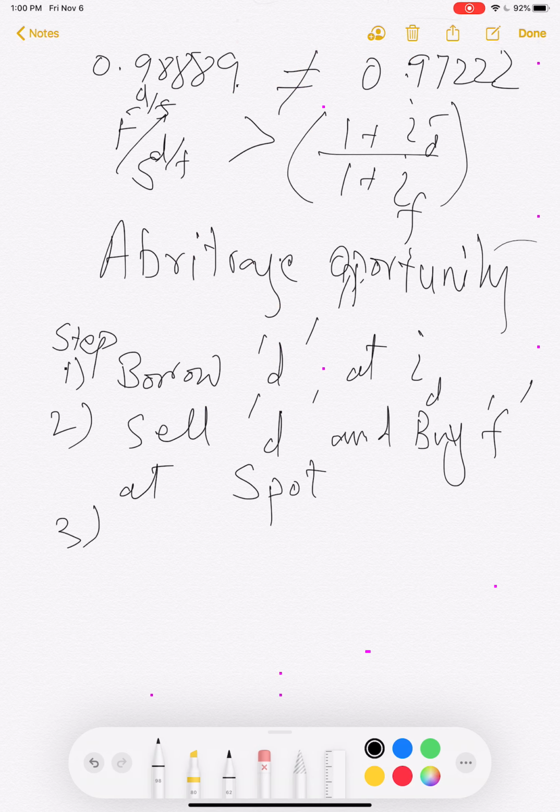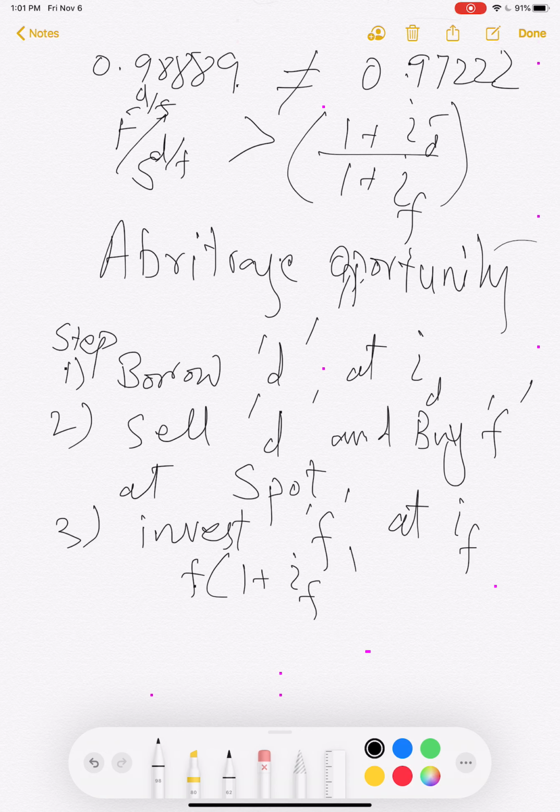In the third step, we will invest the foreign currency we have been able to get at the IF, and the final thing we will be left with will be F into 1 plus IF, right?